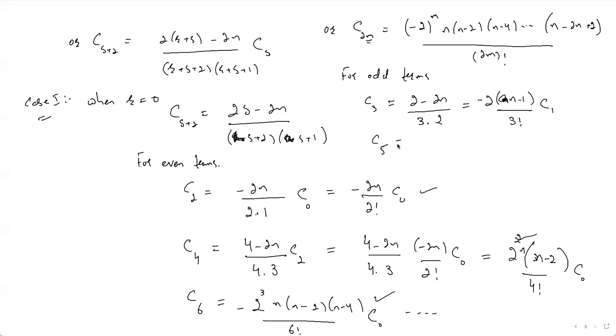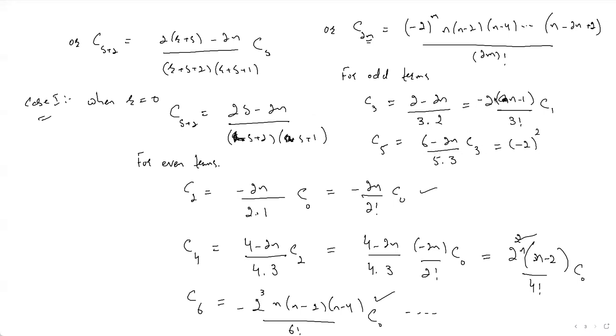Similarly, c5 will now be equal to, for s is equal to 3, 2 3s are 6, minus 2n divided by 5 into 3, into c3. But c3 we already have found, so I will write this as n minus 3. This will be minus 2 raised to power 2, if I take it outside, one from here and one from there, that's minus 2 raised to power 2.